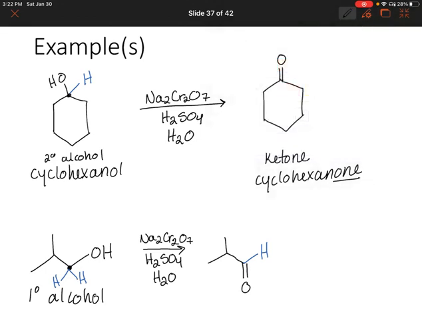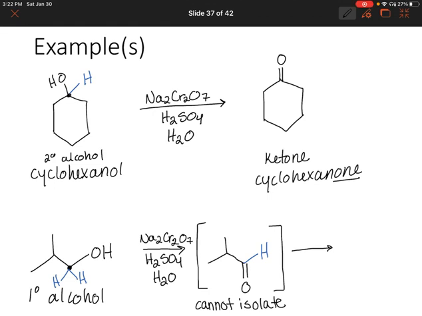Now, because this chromic acid that we're using is so strongly oxidizing, unfortunately, we cannot isolate this aldehyde. Instead, we're going to go straight to a different product. And what would that product be?